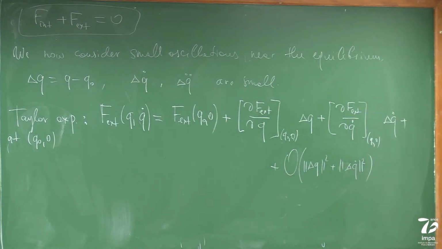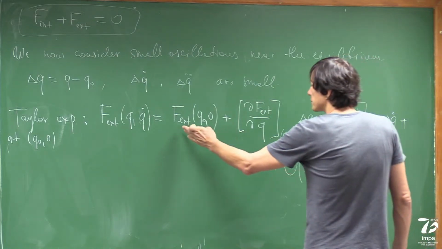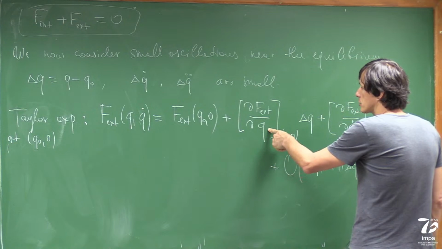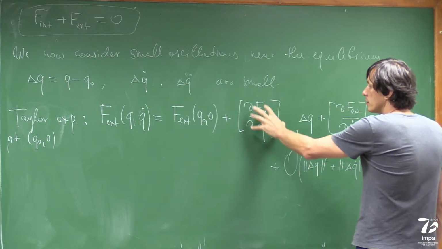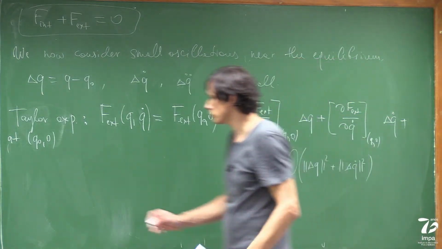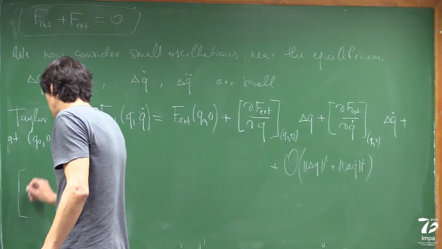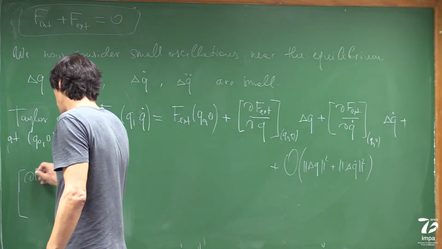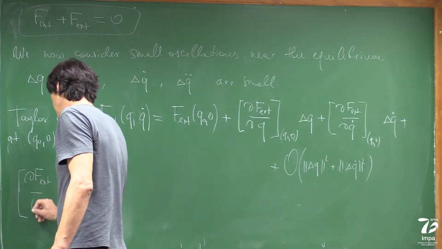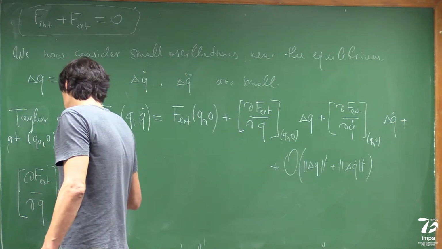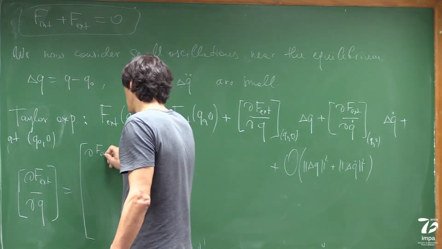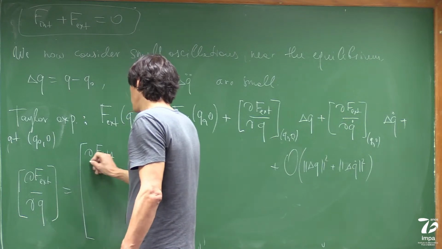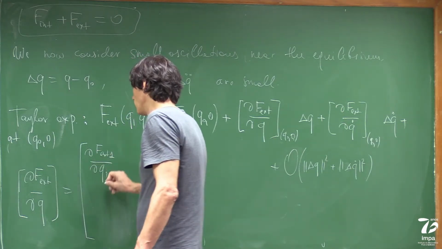Second order terms and so on. So what is written here, you see that this F is a vector, and it has n variables. So whenever you take derivatives, this is a matrix. So dF by dq is actually an n by n matrix. You take the first component and differentiate with the first variable.